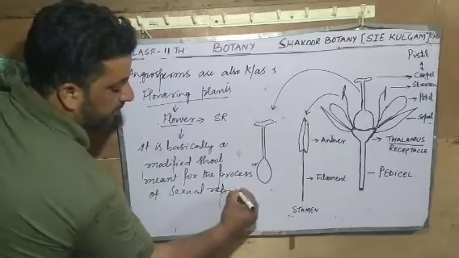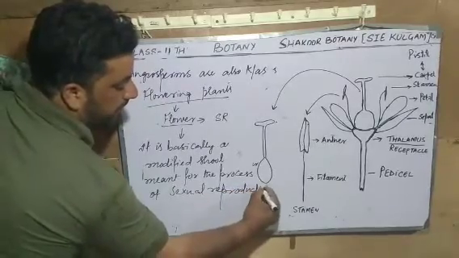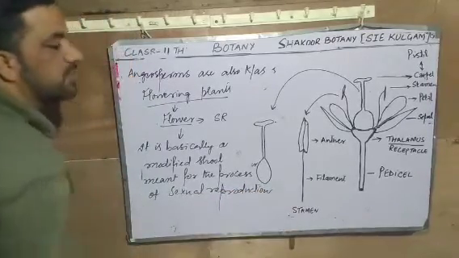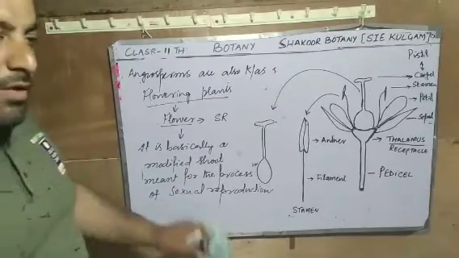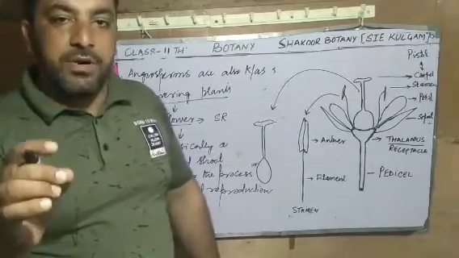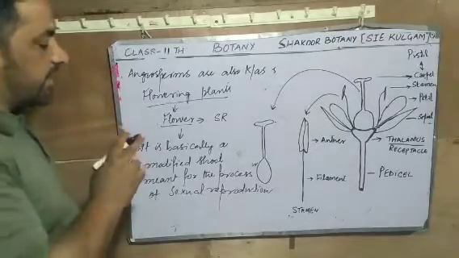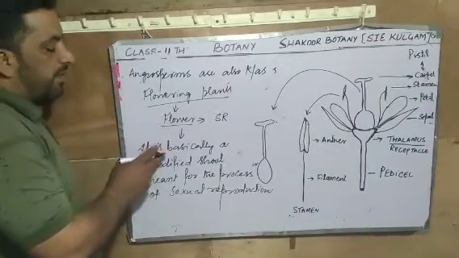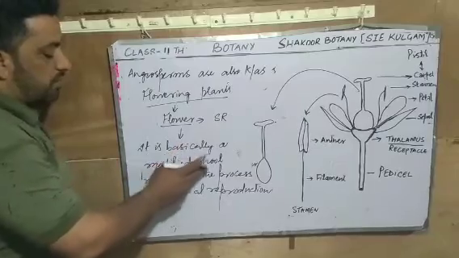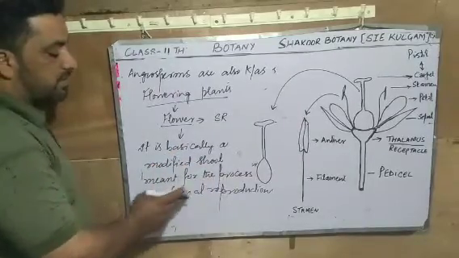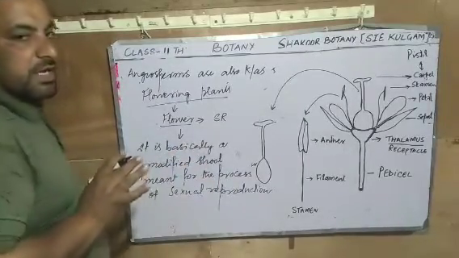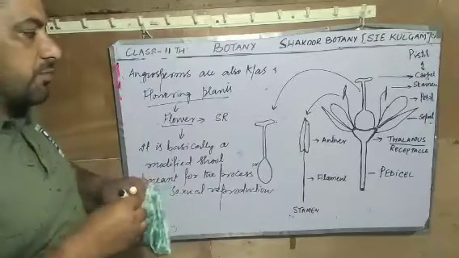Remember, the purpose of a flower is to carry out the process of sexual reproduction. This flower is basically developed from shoot through certain modifications. That is why I have written here that, remember, flower is basically a modified shoot meant for the process of sexual reproduction, and in case of angiosperms.